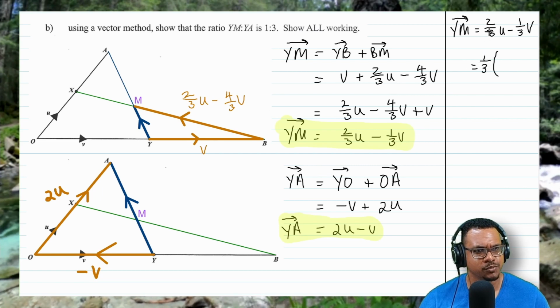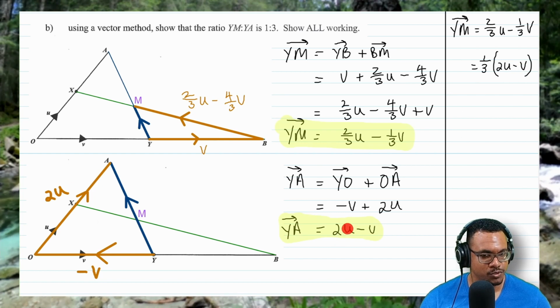Open brackets, if I divide 2/3 by 1/3, I'll just get 2, so that'll give 2U here. If you multiply this 1/3 by 2U, you get back 2/3 U. Divide this 1/3 V by 1/3, the 1/3 cancels and you remain with V. And notice that this 2U take away V is the same as the 2U take away V here.